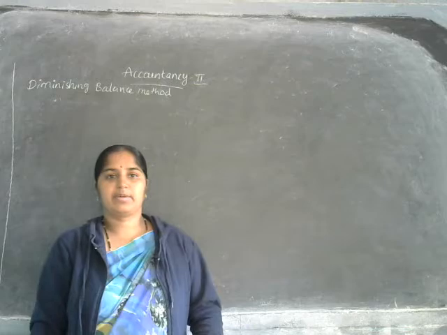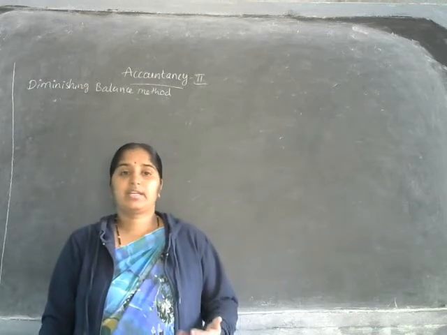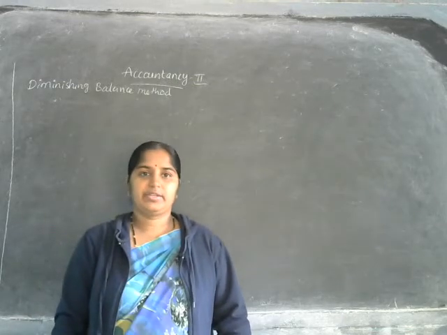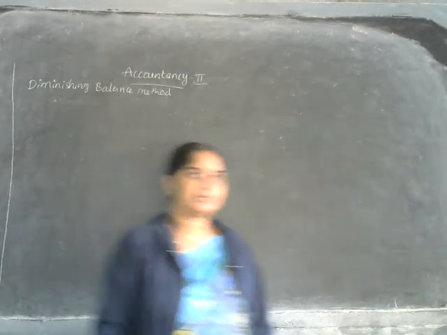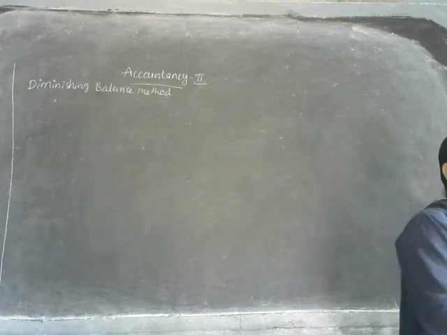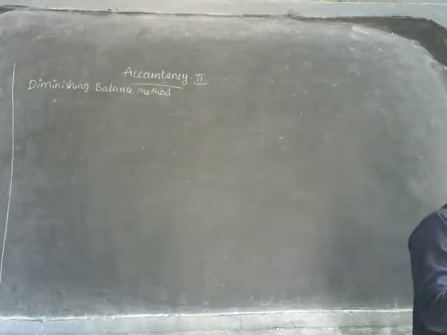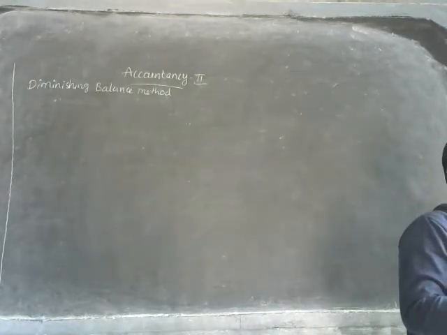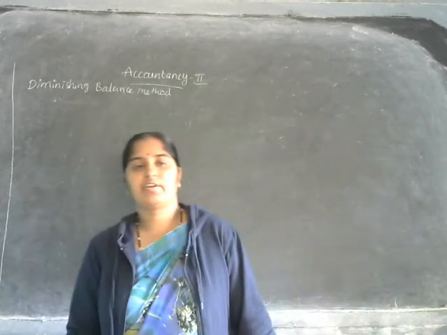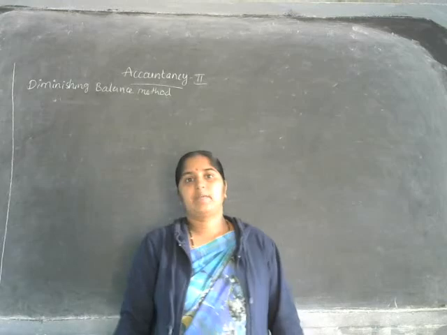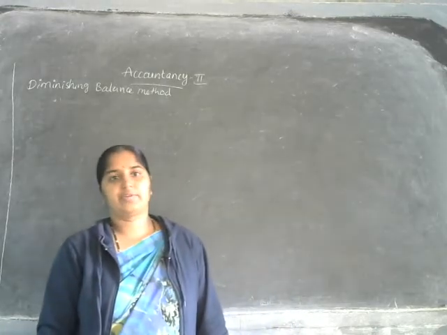In the second year, whatever the brought down value is, on that you have to calculate depreciation. So from the second year onwards, you calculate depreciation on the balance brought down amount. That's the first point we have to remember.